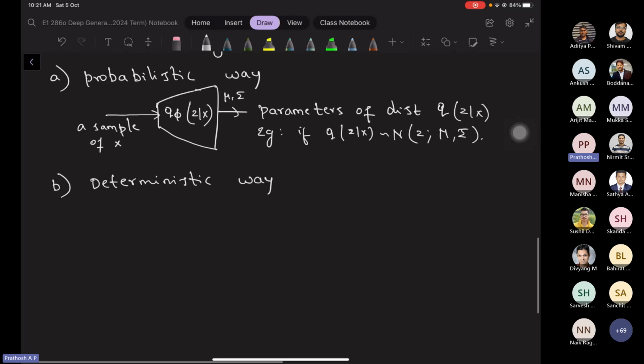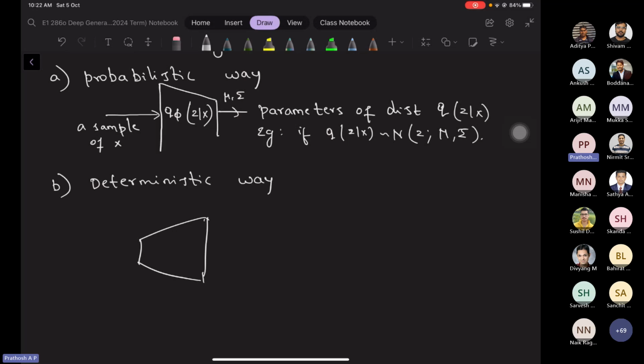Okay, so there is a deterministic way, which we have already seen. I should have written it the other way around, because typically in latent variable models at least, x will have a larger dimension compared to Z. Doesn't matter, but just to ensure that it is consistent. If you are doing it in a deterministic way, let's say that you are modeling some p theta of x given z.